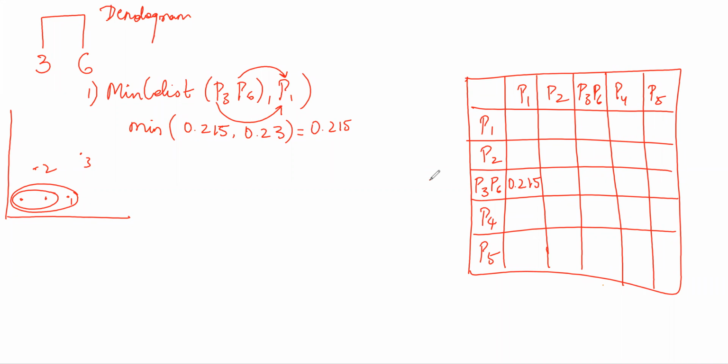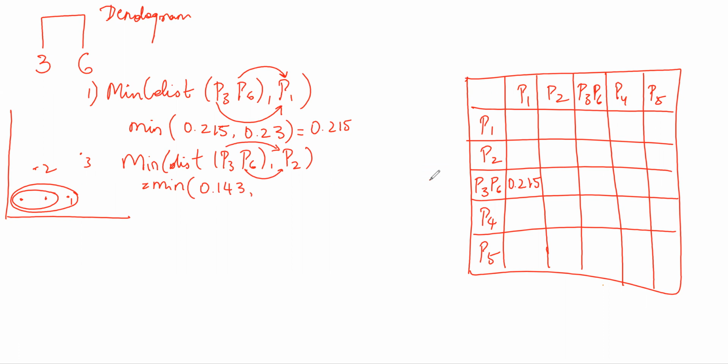Again I'll be calculating. Identify the minimum distance of P3 to P6 with respect to P2. What is the distance from P3 to P2? 0.143.